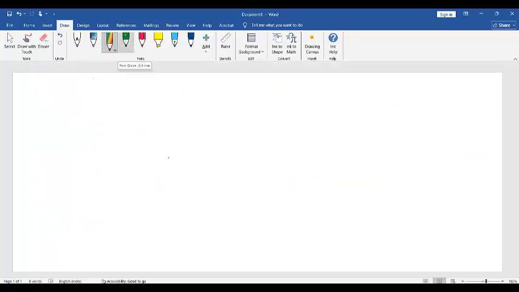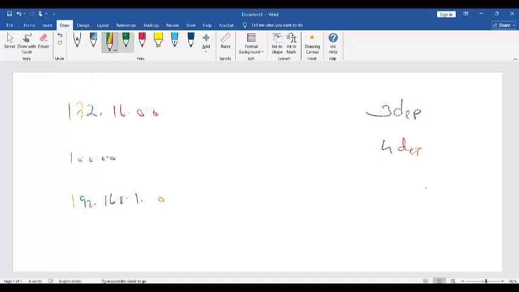The homework is: 172.16.0.0 with 3 departments, 10.0.0.0 with 4 departments, and then 192.168.1.0 with 3 departments.